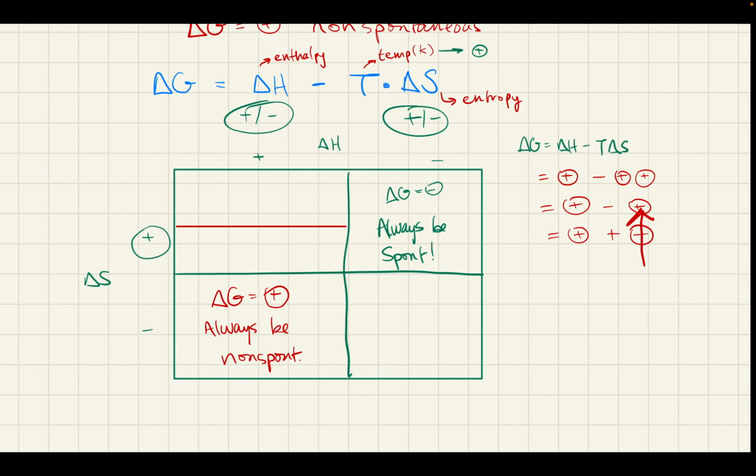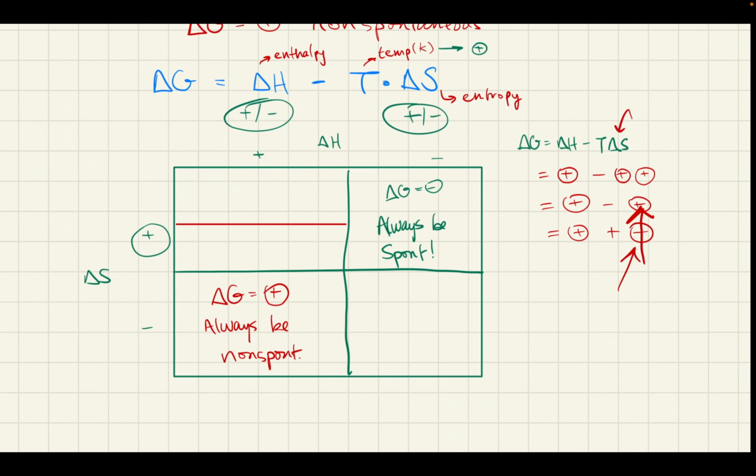So the bigger temperature gets, the more this entropy term, because that's entropy, gets bigger in magnitude. And eventually it tips the scales and delta G becomes negative. So we say at high temperatures, delta G is negative, or we have something that's spontaneous.